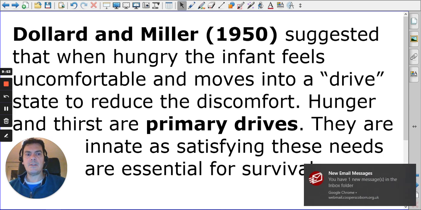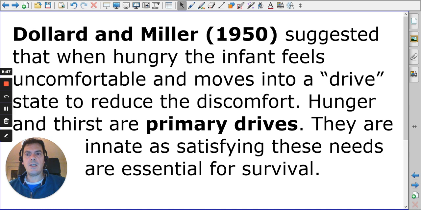They spoke about hunger being a drive. This is similar to operant conditioning, saying that the child is unhappy, and as such, it does something about it.